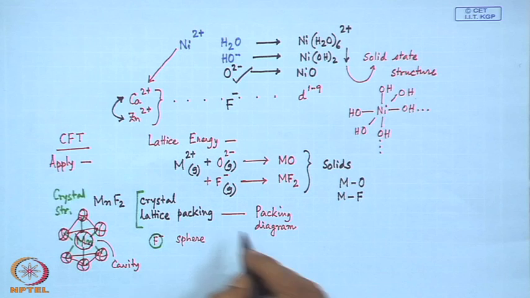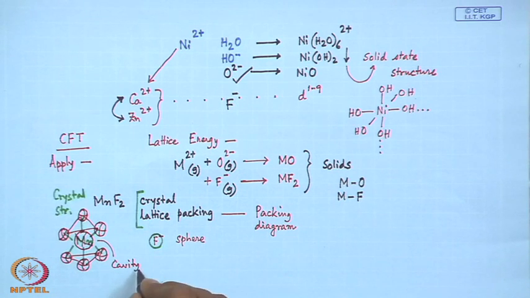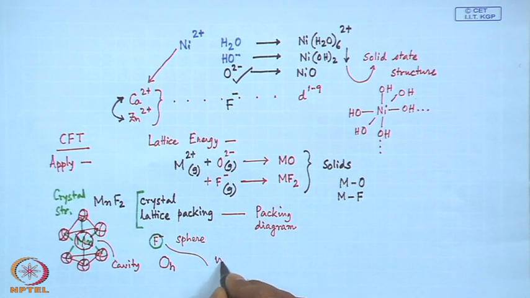So, basically in this crystal field diagram and corresponding crystal field packing, the cavity forming around manganese is giving us a corresponding octahedral crystal field due to these fluoride anions, and these fluoride anions are weak ligands.